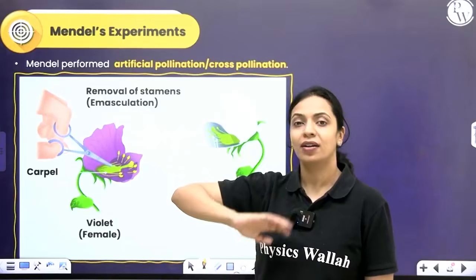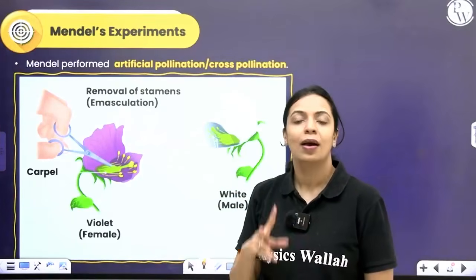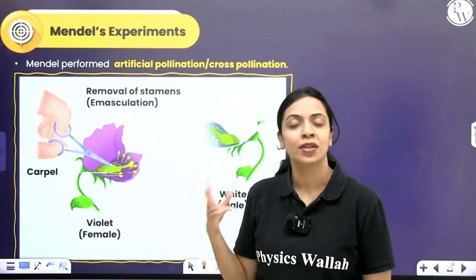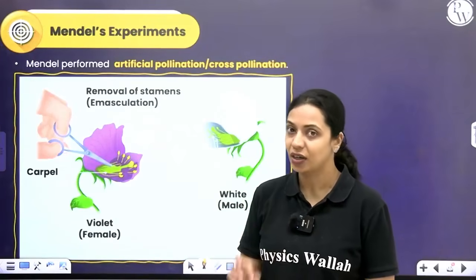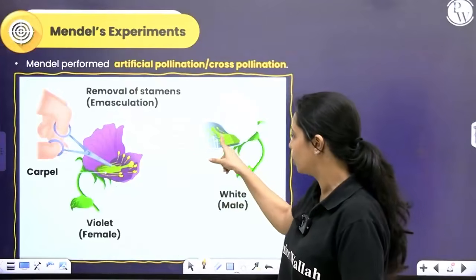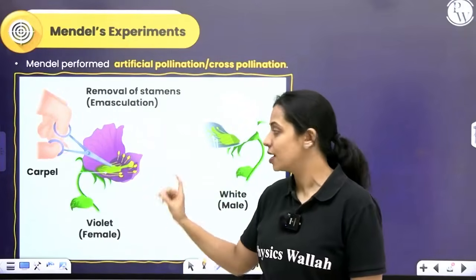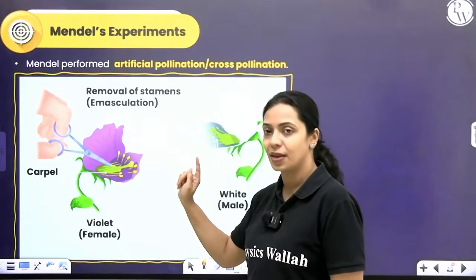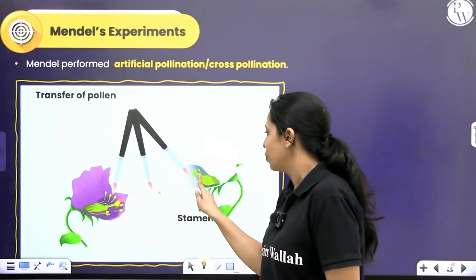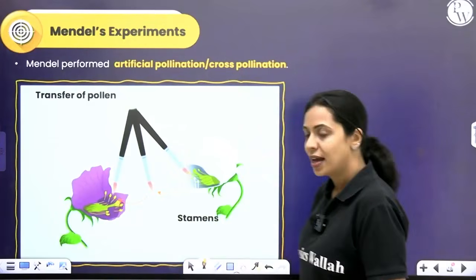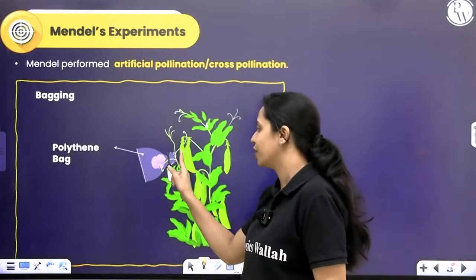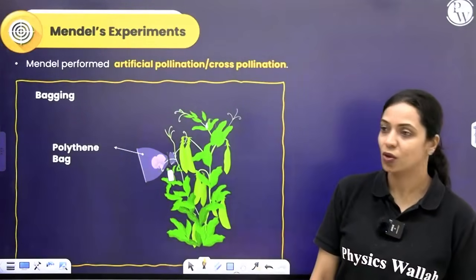Which is the male part? It is the stamen. How will I remove it? By cutting it off before it matures, before the anther dehisces. So I will cut it, and that process is called emasculation. After I cut it, I have to ensure that pollen from this only falls on this, not some random pollen, not the same pollen. So after I emasculate it, I will transfer pollen grains from this to this, and to ensure that no other pollen will come and fall on it, I will cover it with a bag, and that process is called bagging.